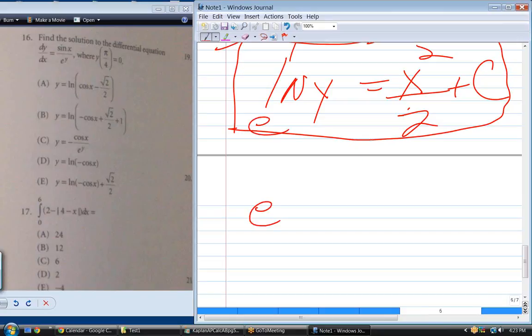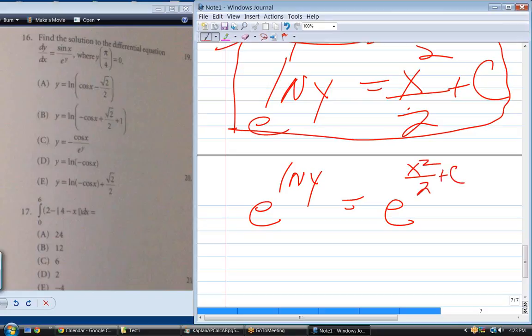So you end up with e to the natural log of y equals e to the x squared over 2 plus c. And then e to the natural log of y would cancel? Yeah, it would, yes. As long as this base here is the same as this number, then you get whatever is the argument. And so that's how you solve that.